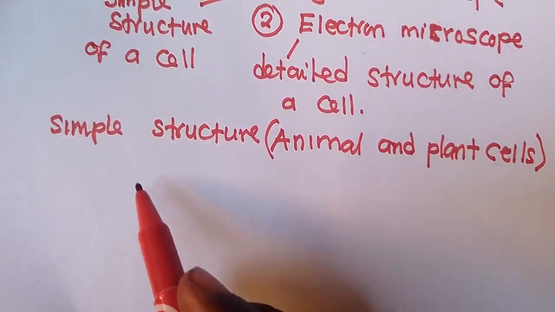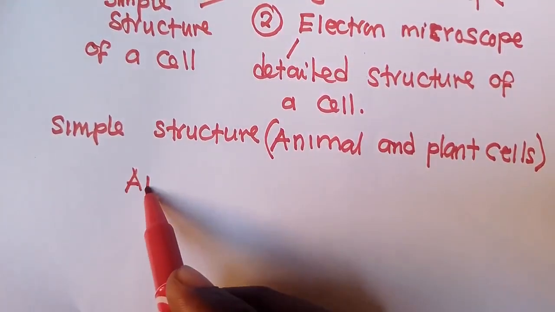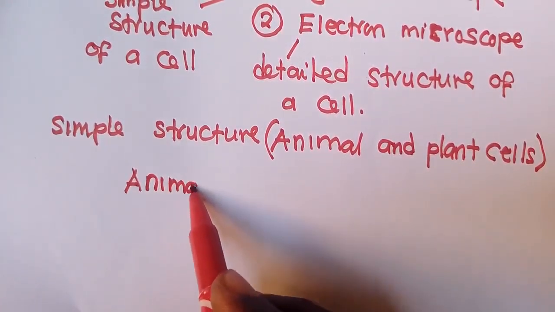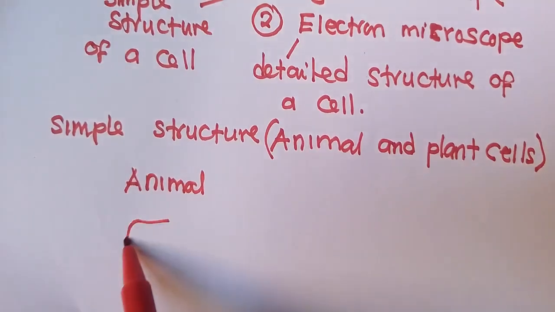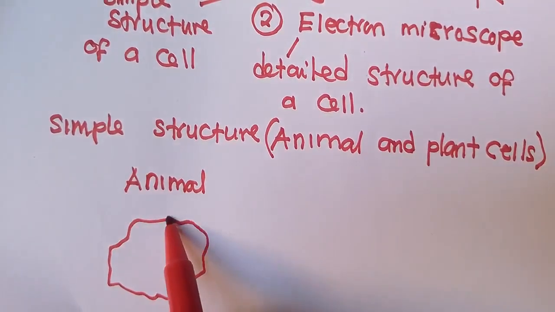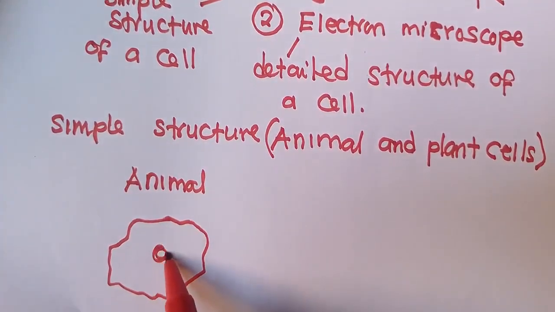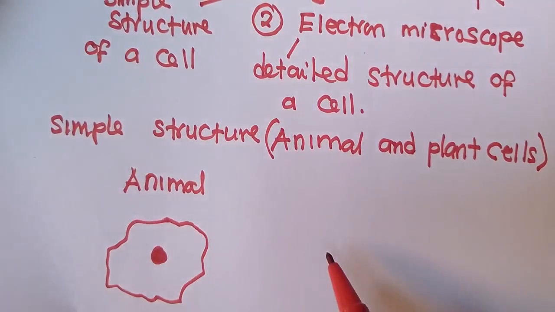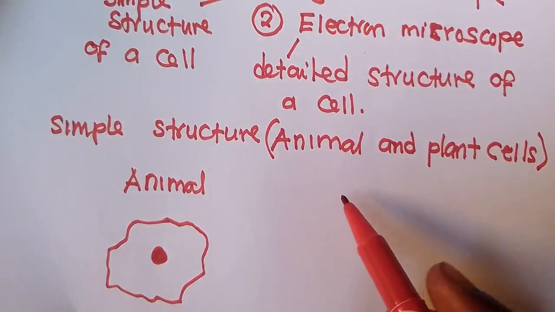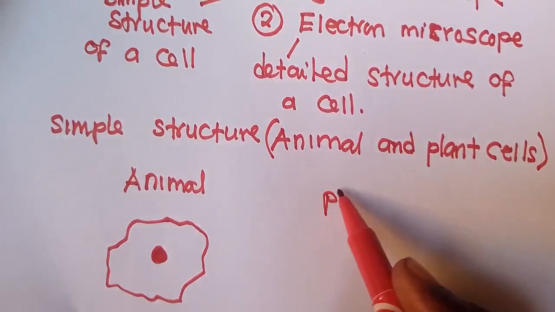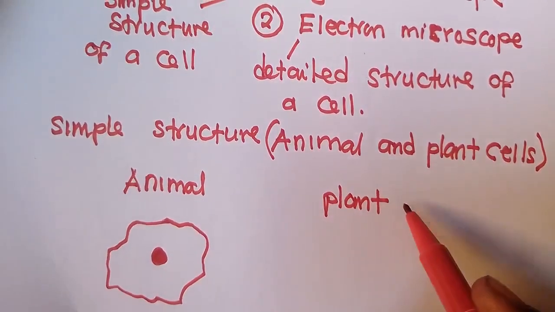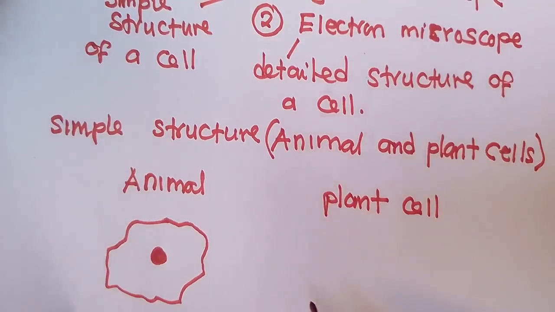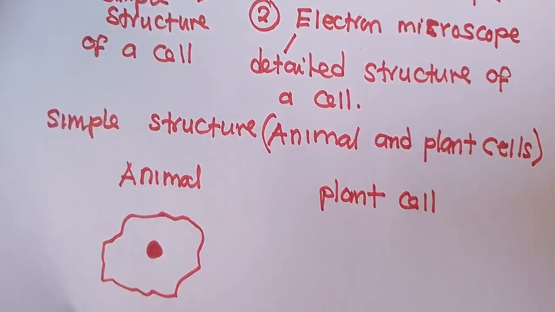This is an animal cell. I'm going to draw this so that you understand. An animal cell is like this. This is how an animal cell is. Then that is the nucleus. Whenever we've got a plant cell, this is a plant cell. This is an animal cell.